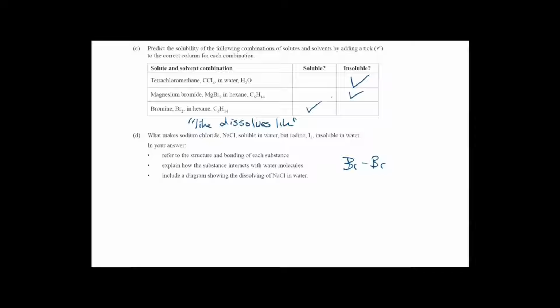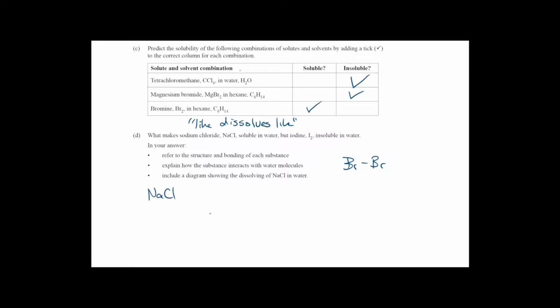So what makes sodium chloride, aka table salt, soluble in water, but iodine insoluble in water? Well, the same reason as above. So what's going to happen when we add salt to water?